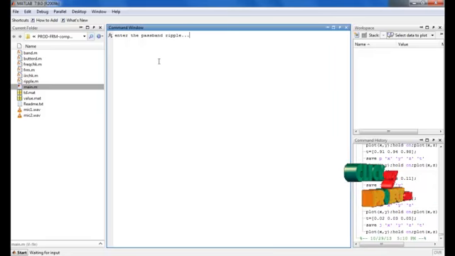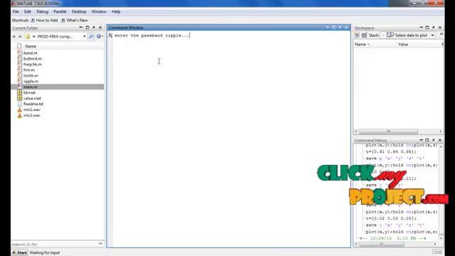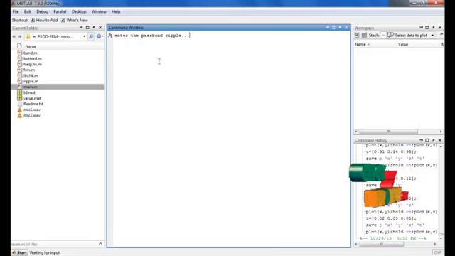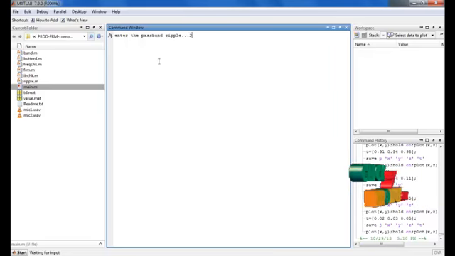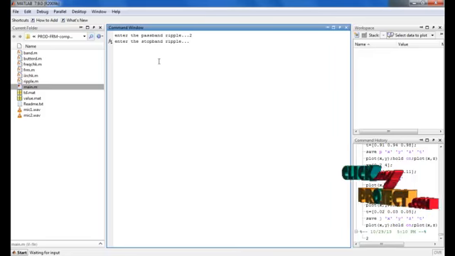So initially we have to provide our input to get the output. That is, it will be asking for the passband ripple and the stopband ripple. So for the stopband ripple, I am giving 3.